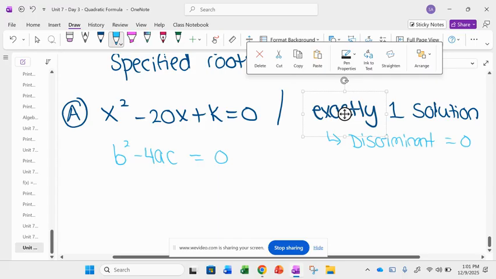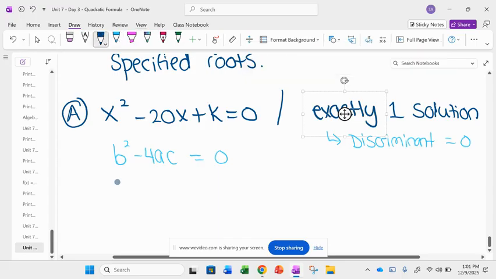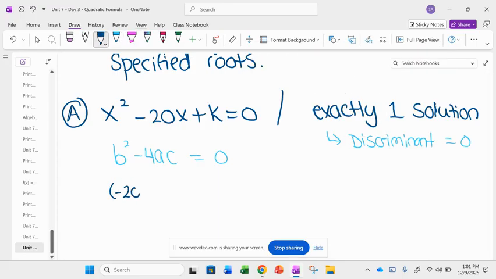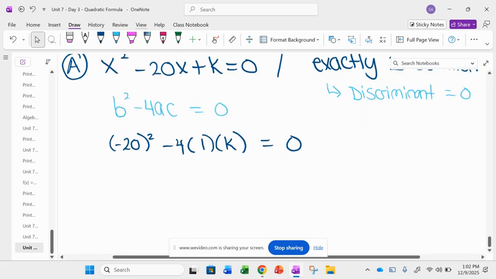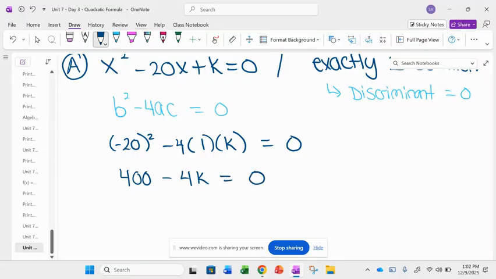So now I'm going to plug right into my formula, and we're going to have negative 20 squared minus 4 times 1 times k needs to equal 0. So I have positive 400 minus 4k equals 0. So we have negative 4k equals negative 400. So k will equal 100.